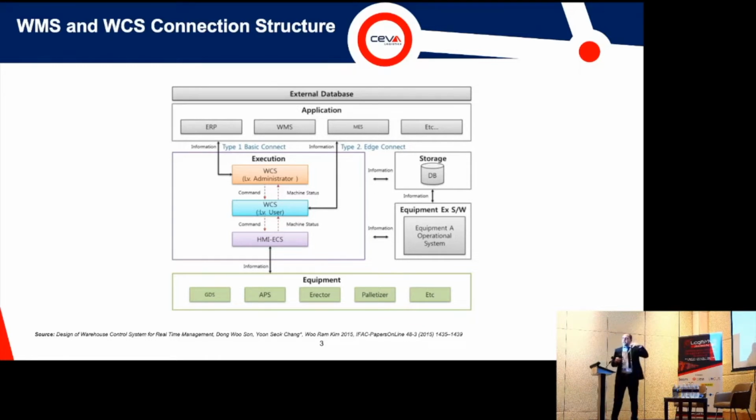So if you want to picture that, this is how, in 3 layers, WMS and WCS are going to integrate together. As you can see, it's like a loop. You send the information in, you get a feedback, and then it's like a neural network. You optimize, and perform a PDCA cycle.